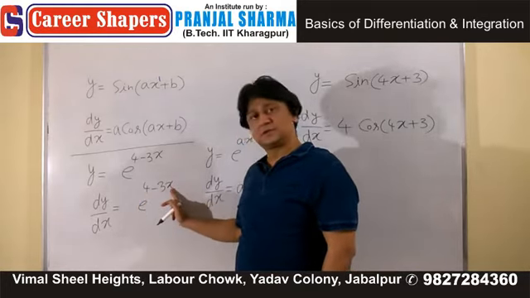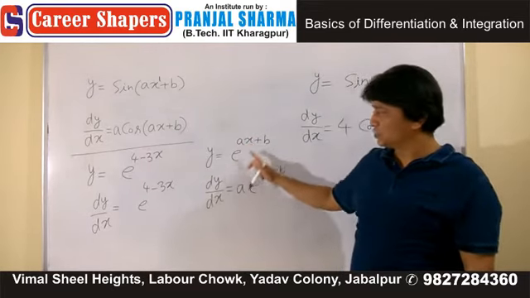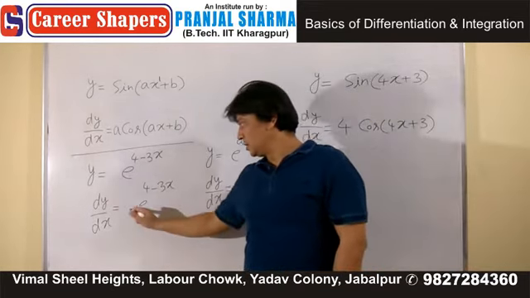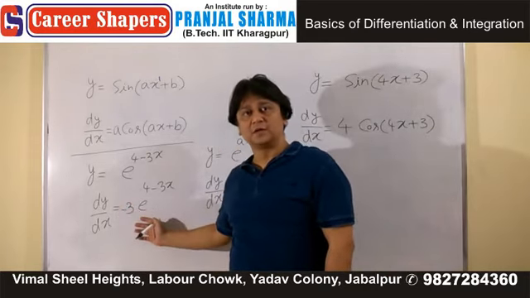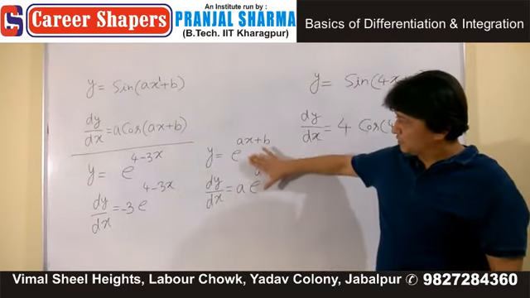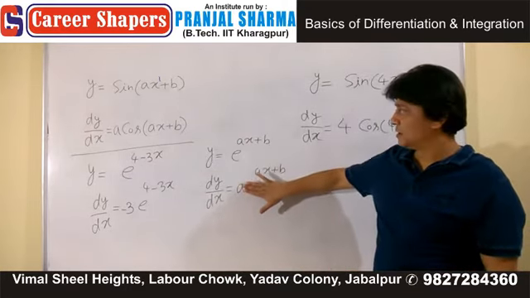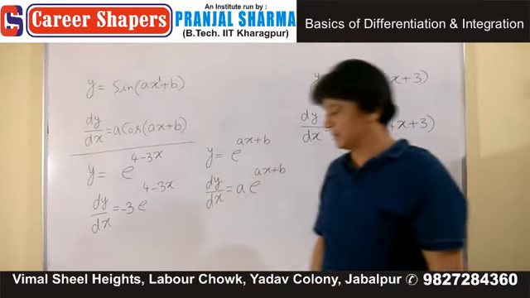Coefficient of x, which is in this case minus 3. So you'll be multiplying with minus 3. That's the answer. This is the basic format: e to the power ax plus b multiplied by coefficient of x.